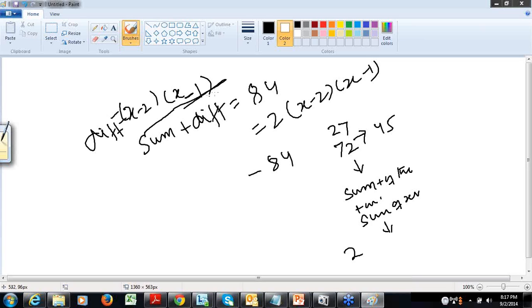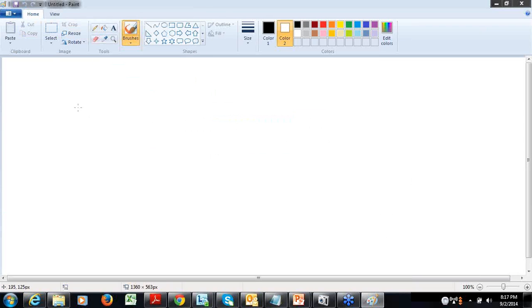So this value is equal to what? 84. Now solve this equation. 2 into x minus 2 into x minus 1 is equal to 84.